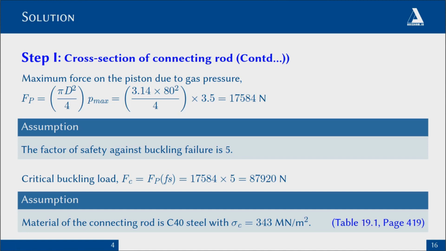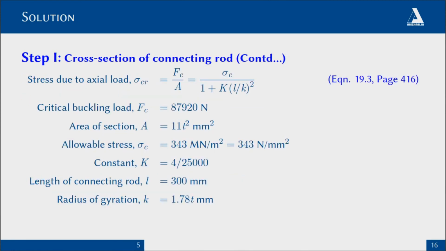Now, we assume that the connecting rod material is C40 steel with a sigma C value of 343 meganewton per meter squared, and this can be obtained from table 19.1 on page number 419. The stress due to the actual load can be expressed in two different ways.